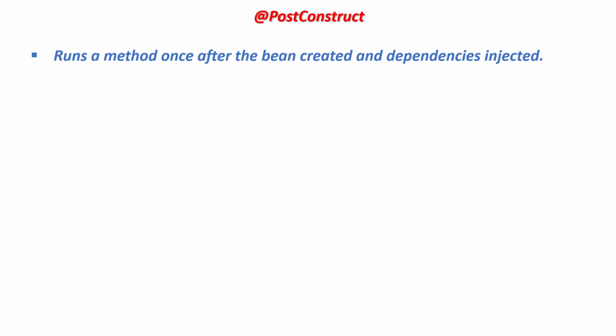You can keep that code inside one particular method and annotate it with the PostConstruct annotation. So once that bean is getting created, immediately the method which is annotated with PostConstruct will execute. In simple words, whatever functionality or code you want to execute once after the bean is created, keep that complete code in one particular method and annotate it with PostConstruct.